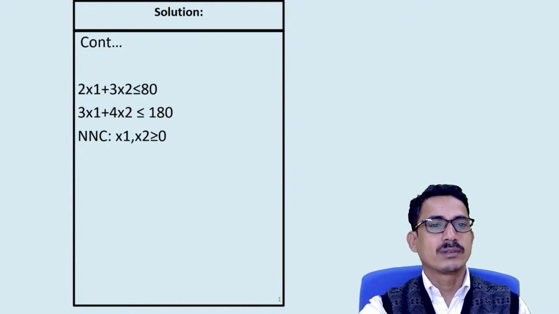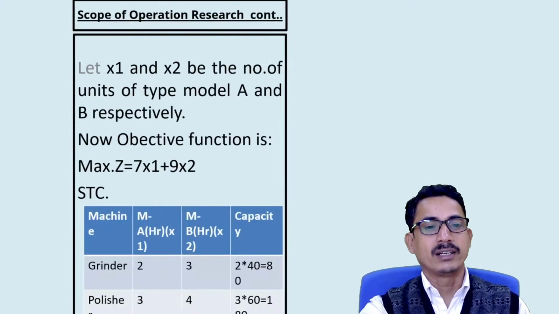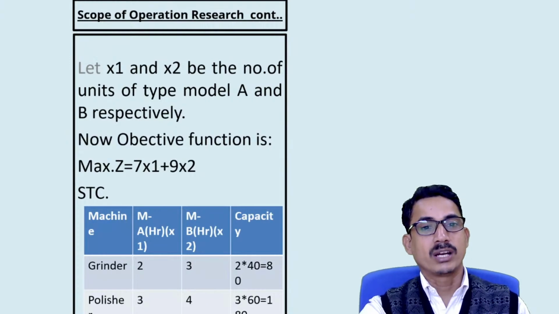In the previous example, I gave a clear idea of how it works. That is why I have written directly 2x1 plus 3x2 less than or equal to 80. Why? Because of the capacity. You cannot go beyond the capacity. If you go beyond the capacity, the machine will break down.